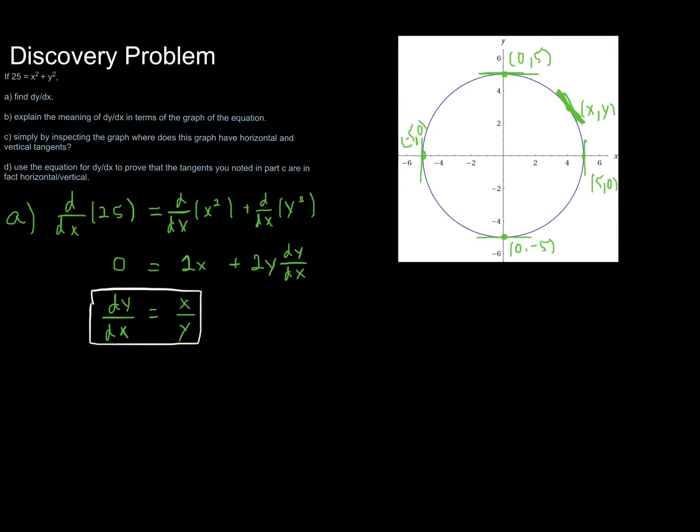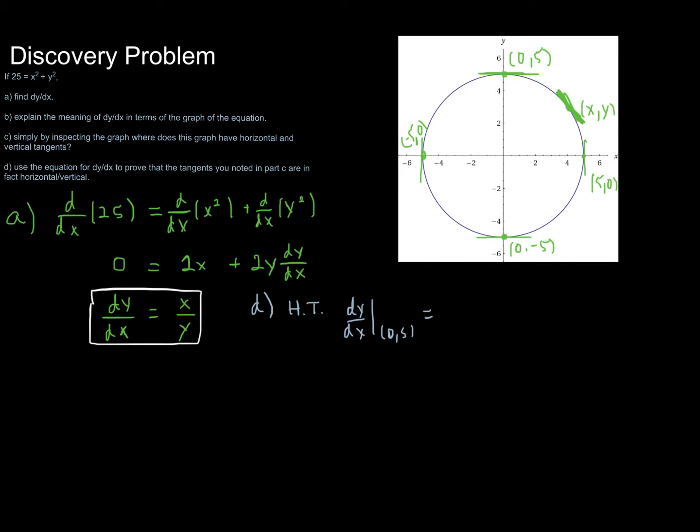So what we'd like to do now is corroborate the graphical findings, what we discovered just by looking at the curve, with our algebraic representation of the slope of the tangent, or the instantaneous rate of change along my circle. So what you want to do is now use our equation for the derivative to prove that these points actually have either a vertical tangent or a horizontal tangent.